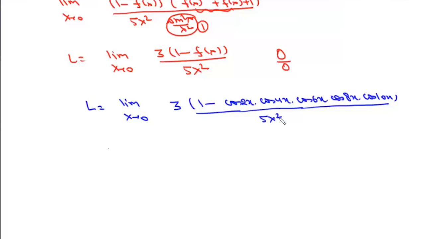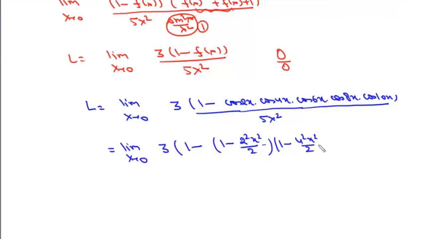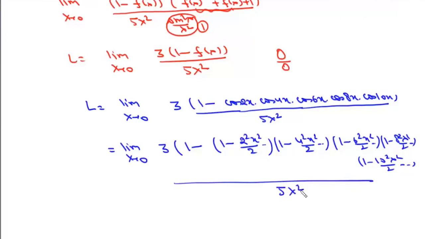Now we'll use the expansion formula for cos. So we can write this as limit x tends to 0 of 3 into 1 minus (1 minus 2 square x square upon 2 plus higher powers), (1 minus 4 square x square upon 2), (1 minus 6 square x square upon 2), (1 minus 8 square x square upon 2), and then (1 minus 10 square x square upon 2 and higher powers), divided by 5x square.